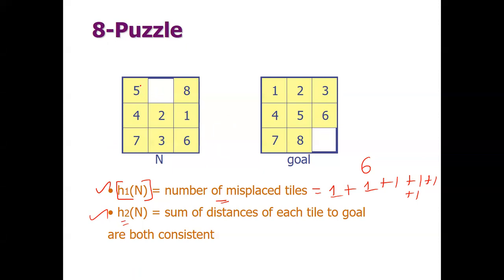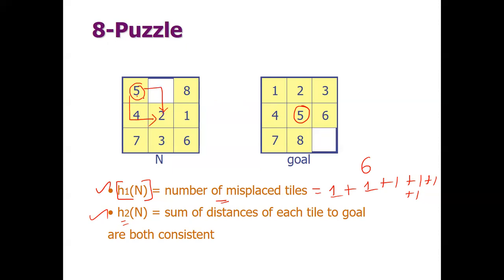So for each tile, we compare it with the goal state and see how much it is away from the respective position of that tile in the goal state. For example, if this 5 should be moved to this location, it can move either this way or this way.